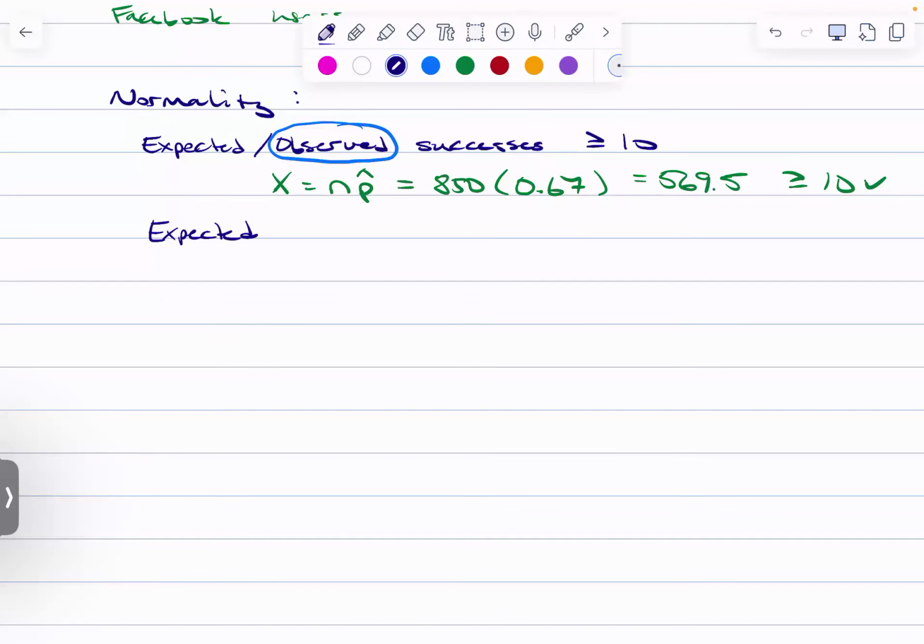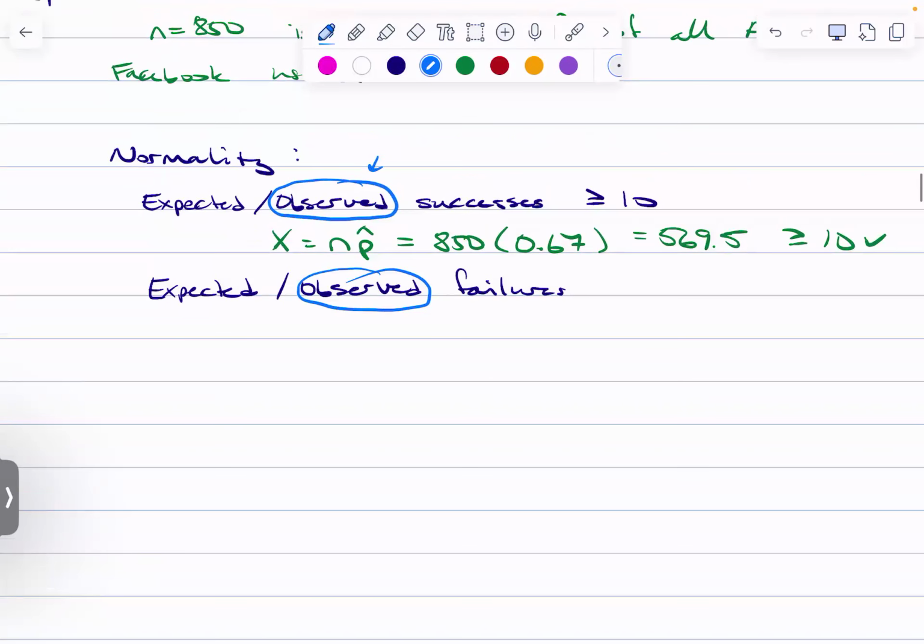Where, surprise, surprise, we'll use the expected instead. But the observed, so the expected or the observed failures. And for confidence intervals, we use the observed. Use the observed, right, from your sample is what I mean.